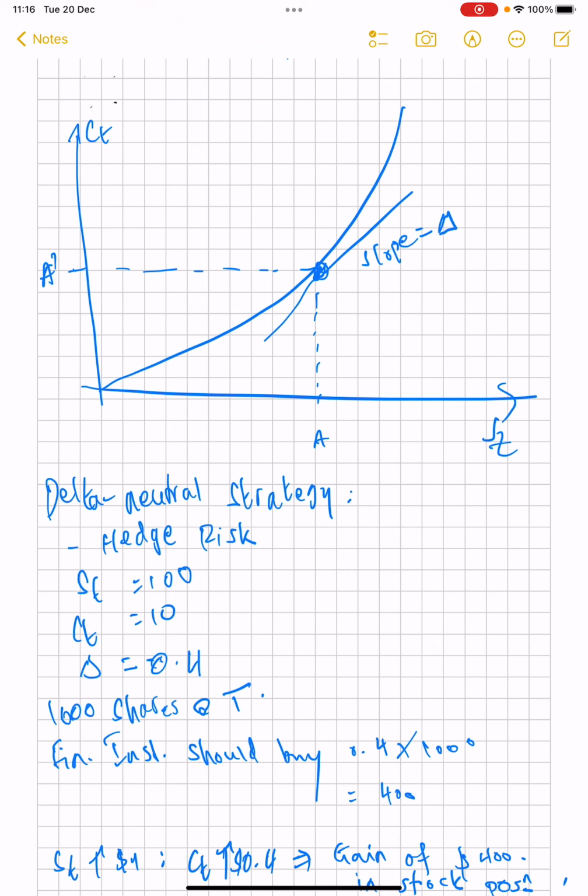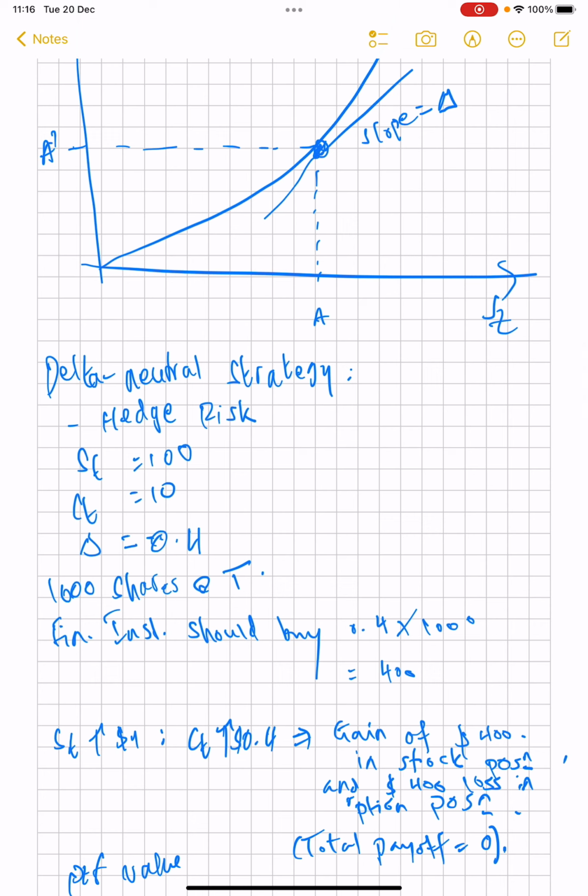When you're hedging the risk, suppose I give you ST equal to 100, the call price is 10, and my delta is 0.4. I want to buy 1,000 shares at maturity time point T. The financial institution should buy 0.4 times 1,000, which is 400 options.